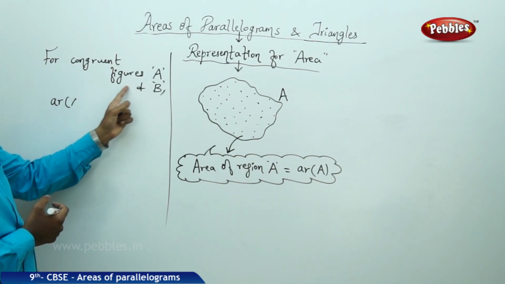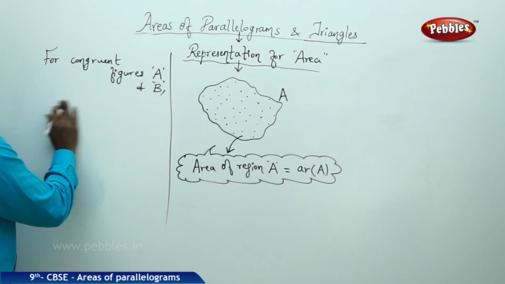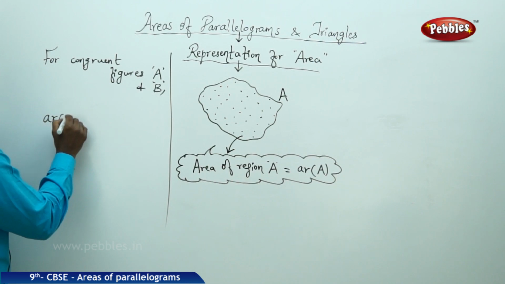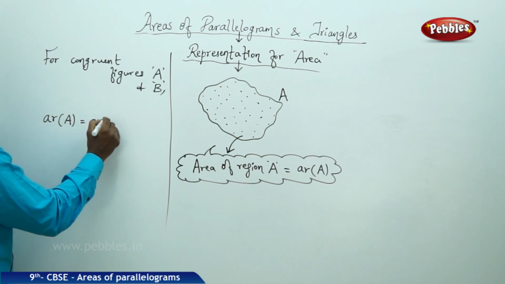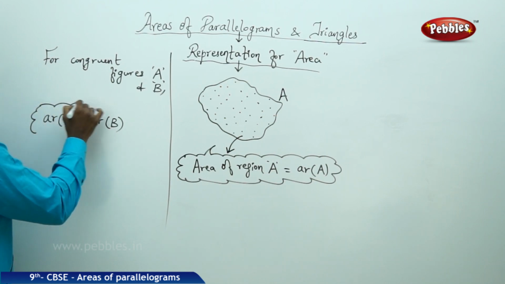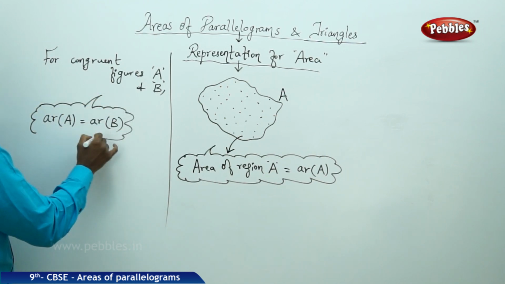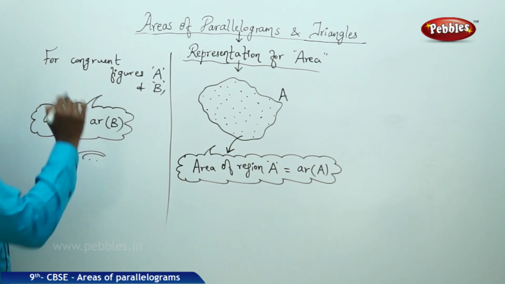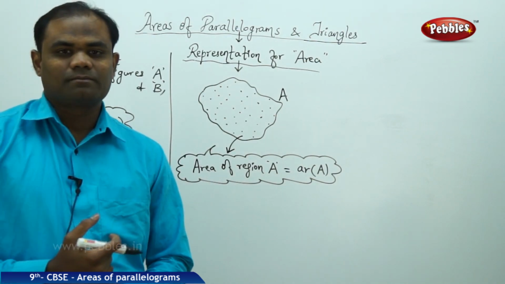For those congruent figures A and B, I understand the property as AR of A is equal to AR of B. This is how I understand the congruency.